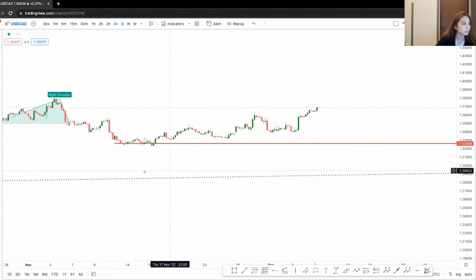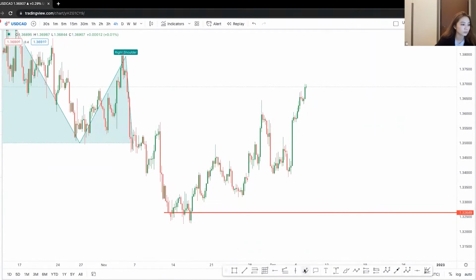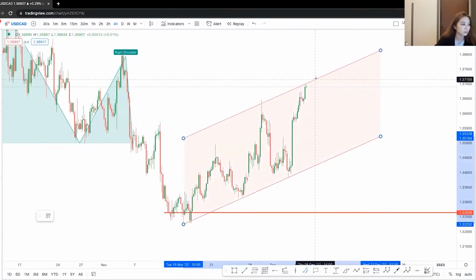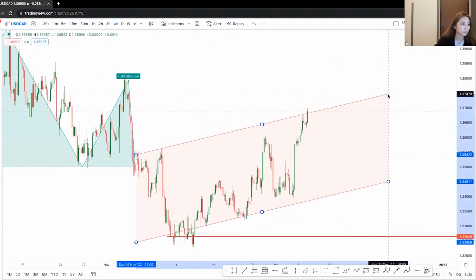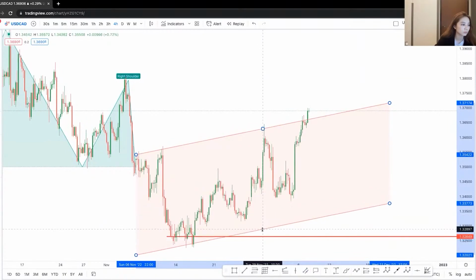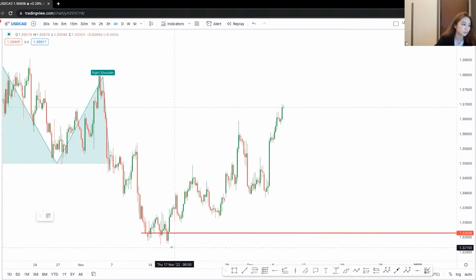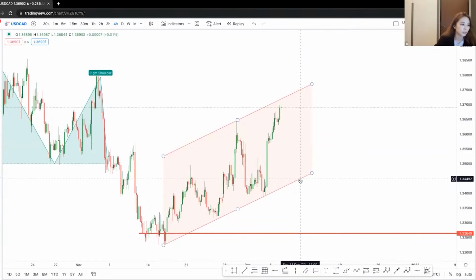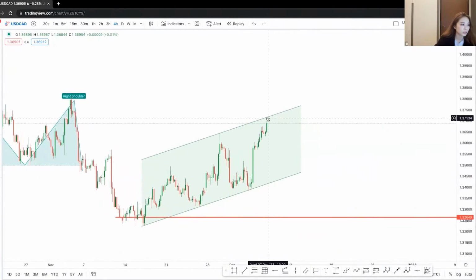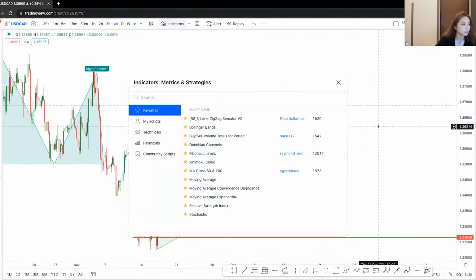Let's look at H4. There's an upward moving channel. There's a chance that it would have dropped down with the exhaustion of the stochastics as well.